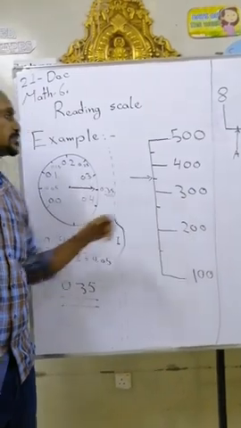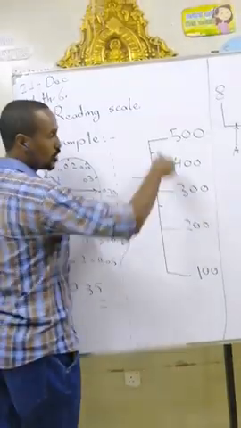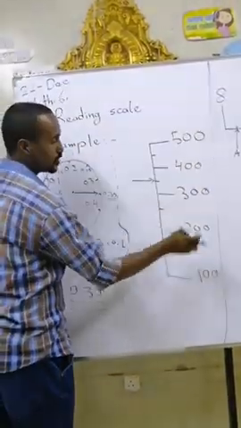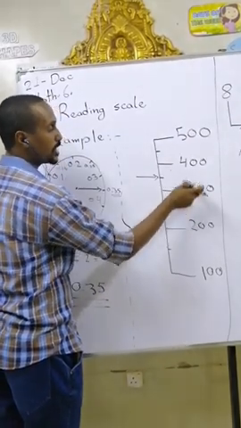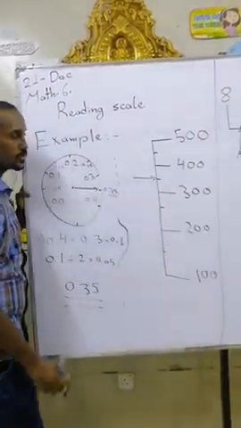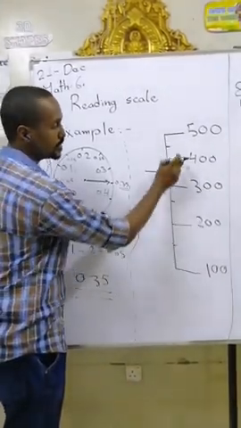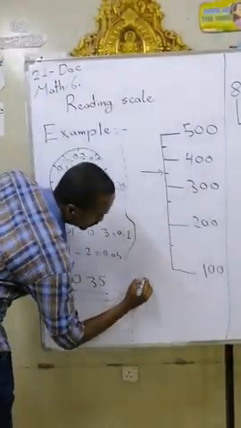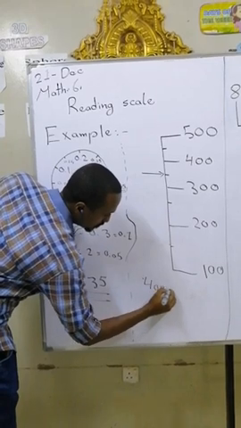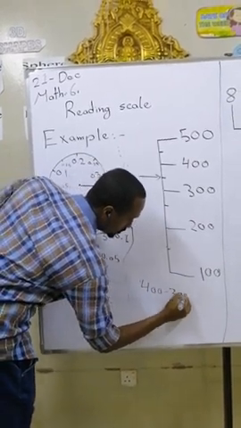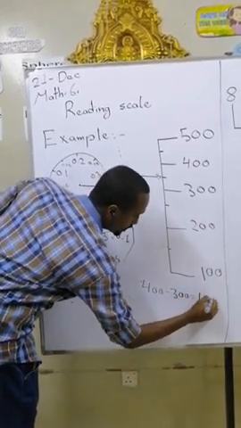In the second example, the scale is going vertically. 0, 100, 200, 300, 400, 500. The arrow is between 300 and 400. So, find the difference between 400 and 300: 400 minus 300 equals 100.